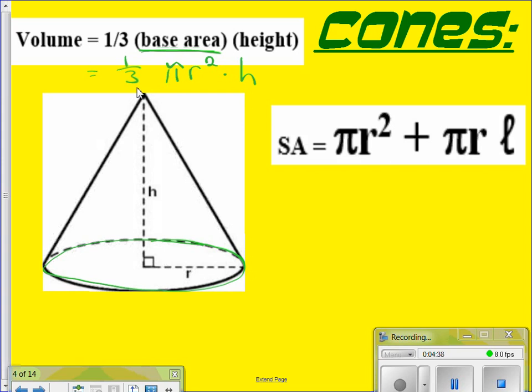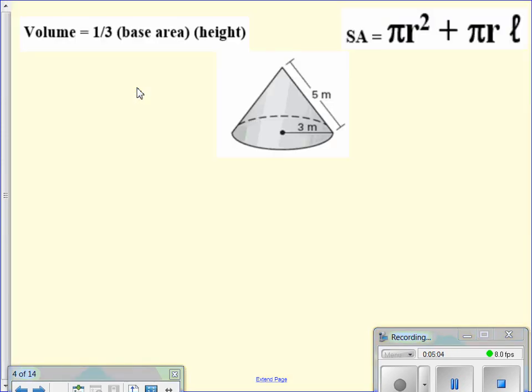Now, the surface area is a little different, but really, if you think about it, it's back to the same thing. Pi r squared is the area of our base, plus pi r L, okay? This is the same idea as 1/2 of the perimeter times slant height, okay? The only difference, 1/2 the perimeter is represented by pi r, and L is our slant height. Okay, let's use them.